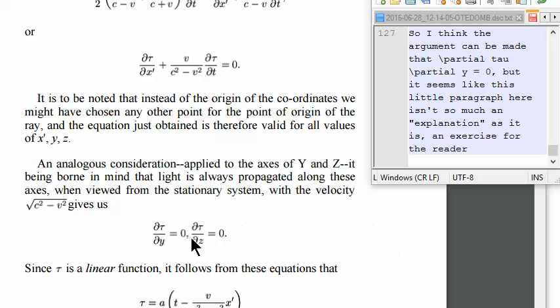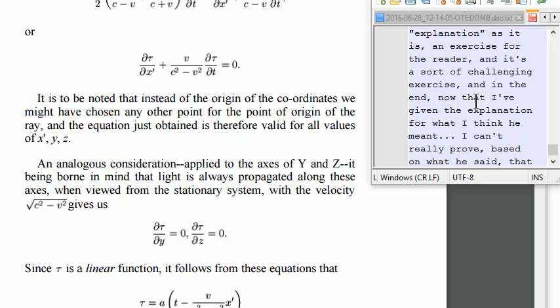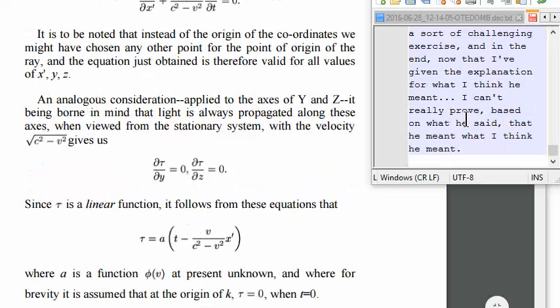So I think the argument can be made that partial tau partial y is equal to 0, but it seems like this little paragraph here isn't so much an explanation as it is an exercise for the reader. And it's a sort of challenging exercise. And in the end, now that I've given an explanation for what I think he meant, I can't really prove, based on what he says here, that he meant what I think he meant.